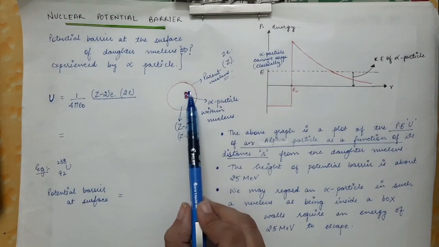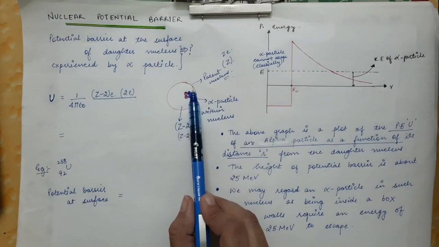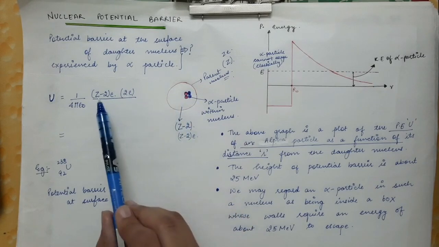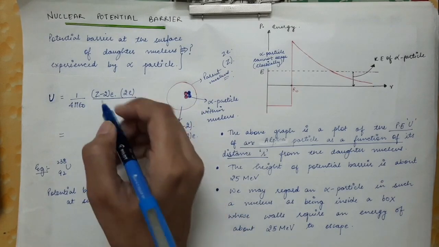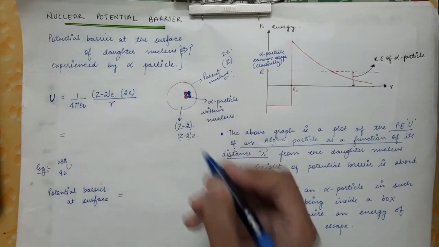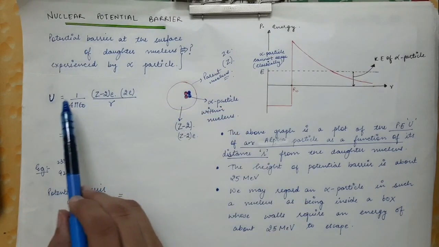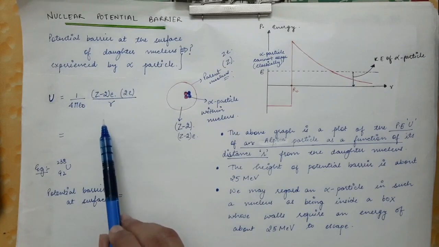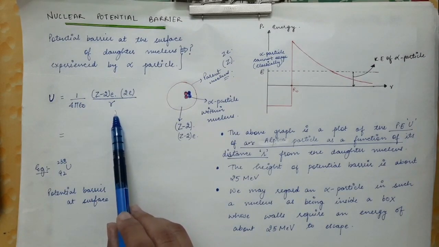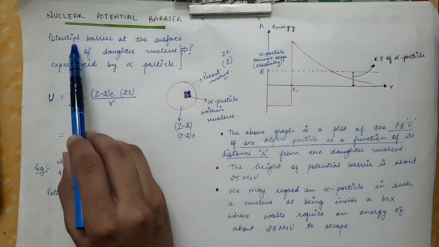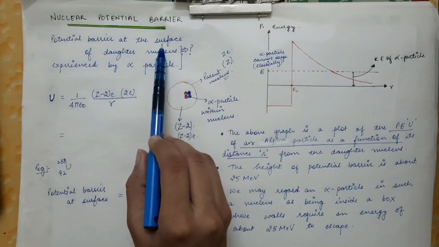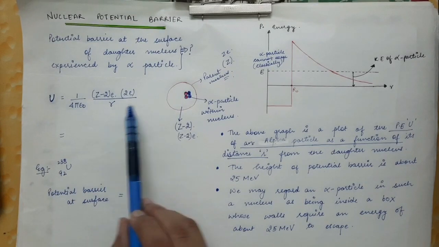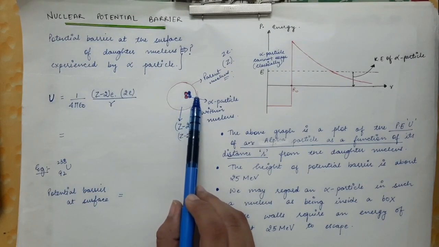So when the alpha particle is at the surface of the nucleus, then the distance between the two charged bodies Q1 and Q2, let's say, is equal to small r. So the potential energy is given by 1 by 4 pi epsilon naught Q1 into Q2 divided by the distance between the two charged bodies. And since we are going to find the potential barrier only at the surface, this distance will be when the alpha particle is present at the surface.